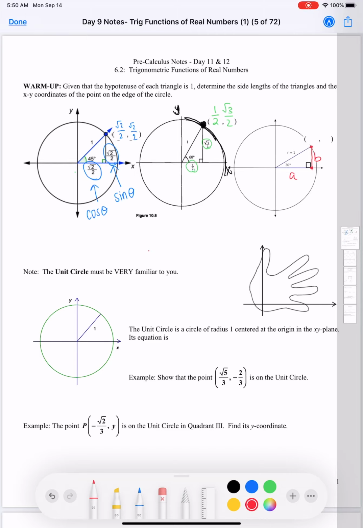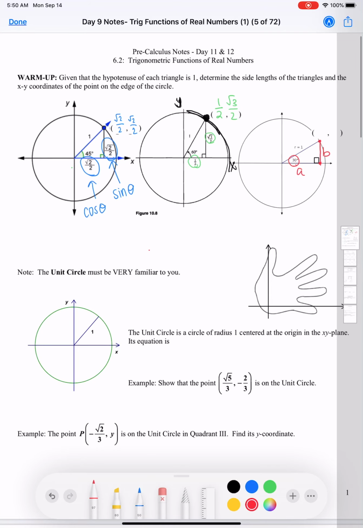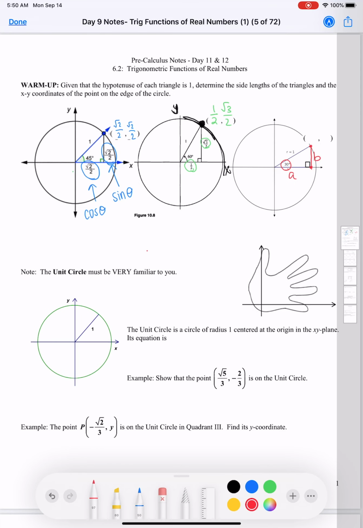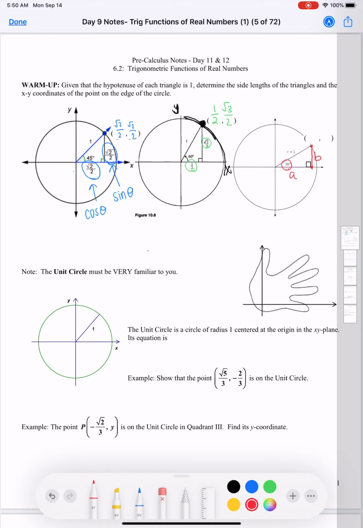All right, well, given my angle as 30 degrees, I know that from this 30-degree angle, B is the opposite side, A is the adjacent side, and then the radius is always going to be across from the 90-degree angle. So I have sine of my angle, so I'm finding B first.